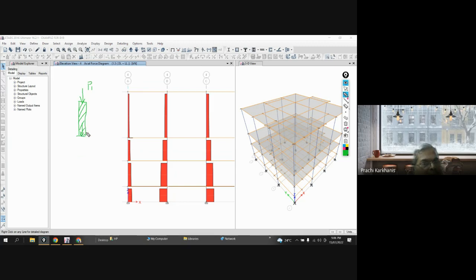So you are getting this self weight as P2. And if you call this P3, you will find the equation as P1 plus P2 is equal to P3. This equation should hold, right?